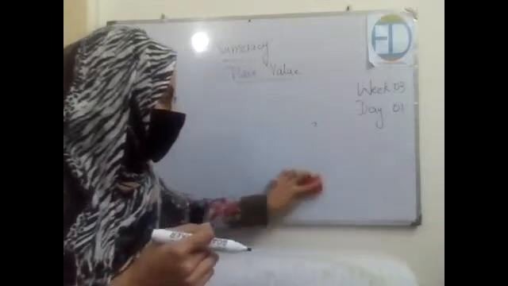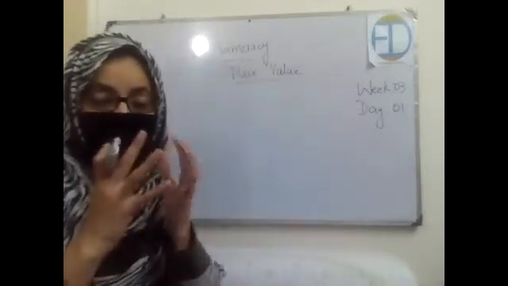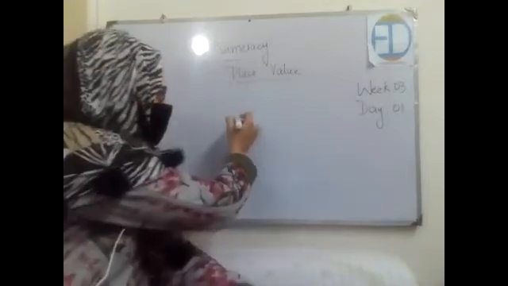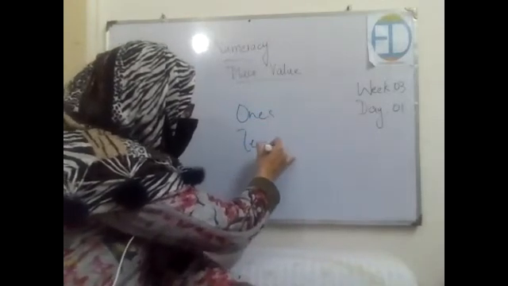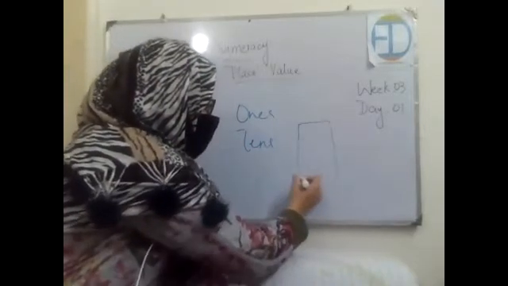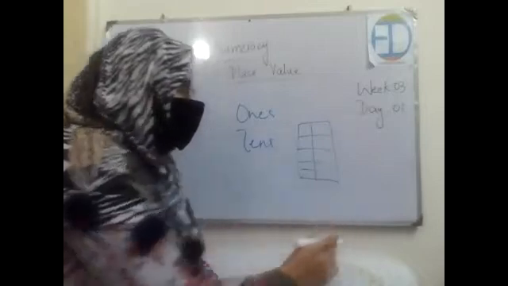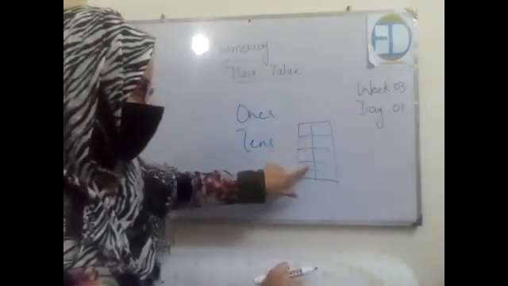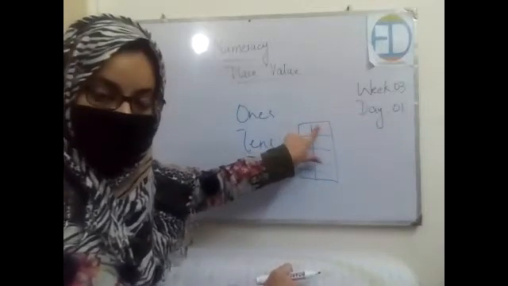Okay, so this was the general introduction, or the importance of this topic. Now let's discuss what ones and tens mean. Let's say you have a bar of chocolate. How many chocolates are there? Let's count them: 1, 2, 3, 4, 5, 6, 7, 8, 9, and 10, right?